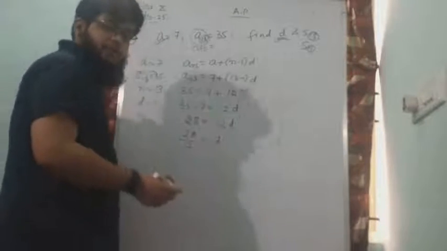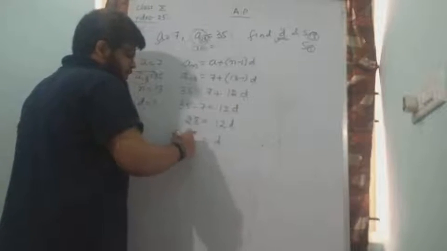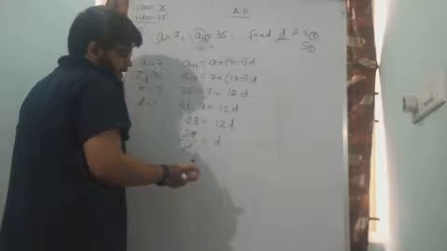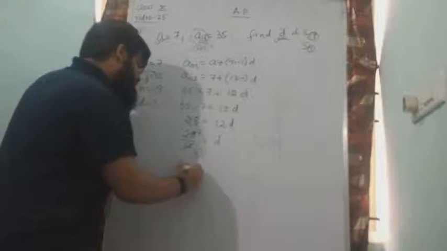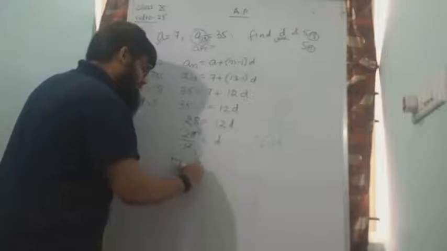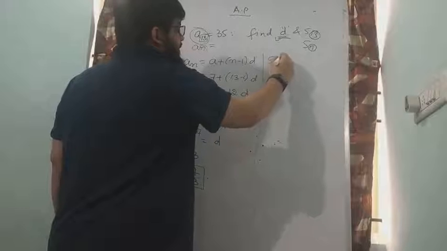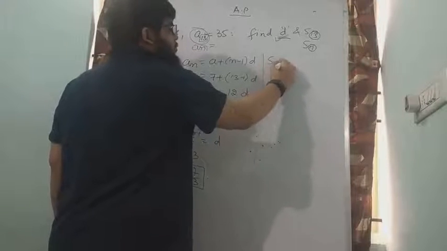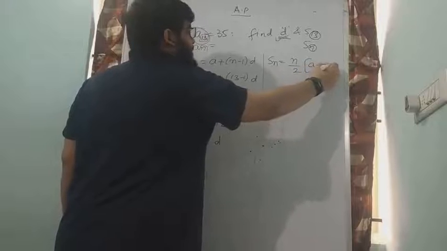You can make use of the table of 4: 4 threes are 12, 4 fives are 20, 4 sixes are 24, 4 sevens are 28. So the value of D is going to be 7 by 3. So D we have found out. Next I should find out S13. For that I will make use of the Sn formula. Sn is equal to N by 2 into (A plus An).